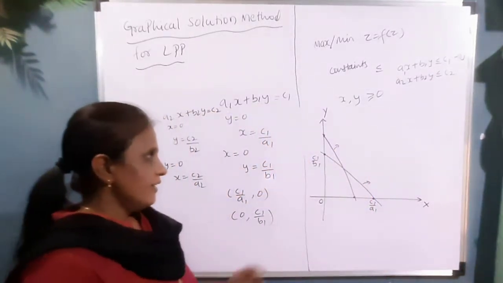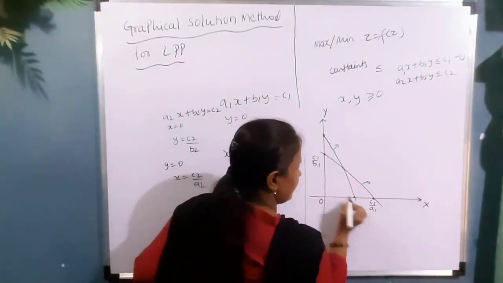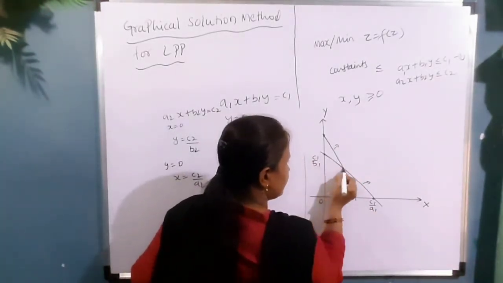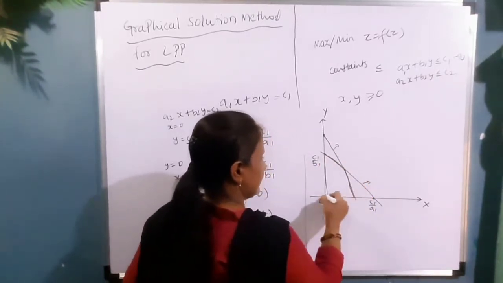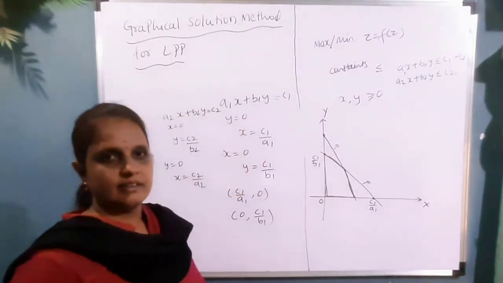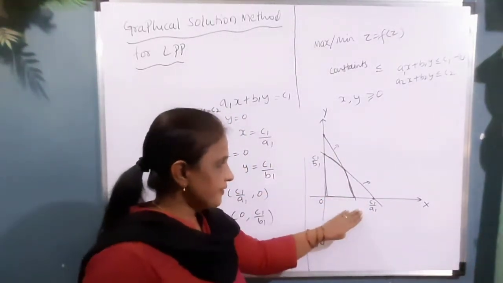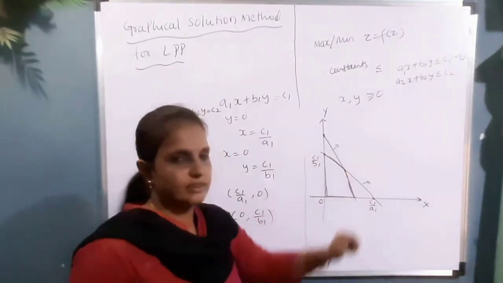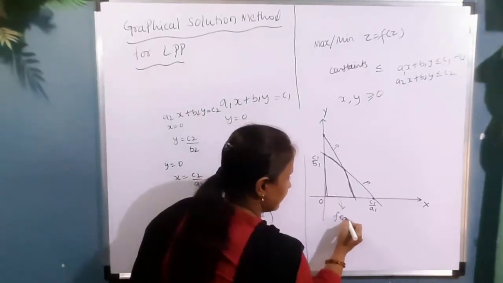Here we have one intersecting point. This much area is the common area for both the straight lines, so it is called the feasible area.